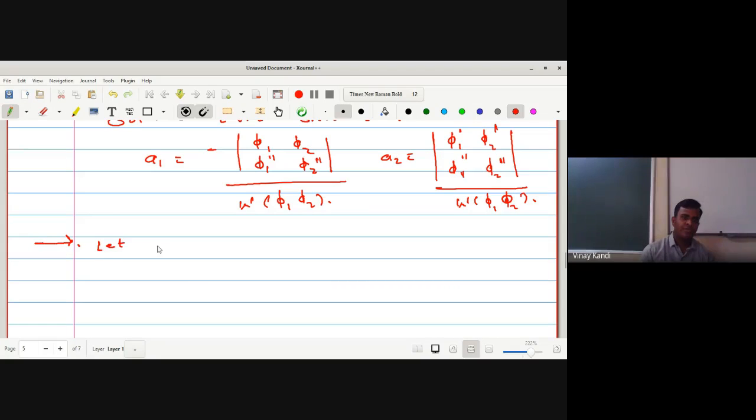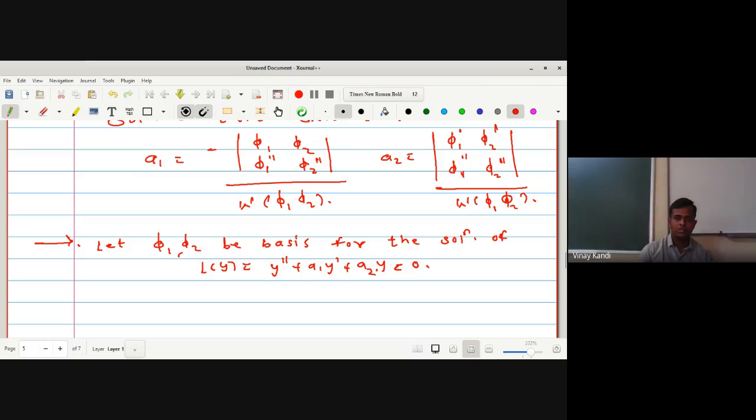Let phi 1 and phi 2 be any basis for the solution of L of y is equal to y double dash plus a1 y dash plus a2 y, where a1 and a2 are a1 of x and a2 of x, is equal to 0.